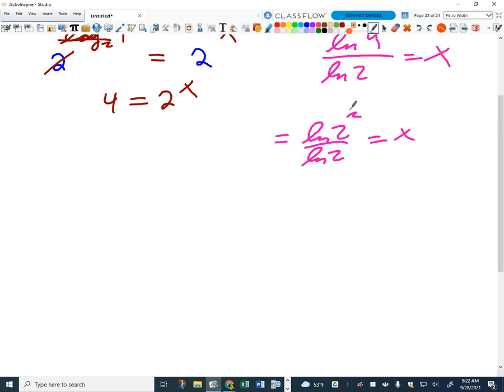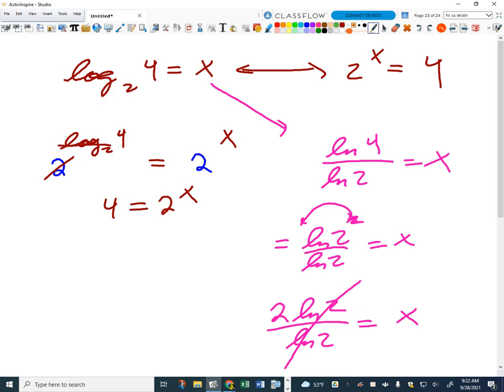By my properties of exponentials, I could pull the 2 out front and get 2 log 2 over log 2 equals x. Well, the logs cancel, and now I get x equals 2. There's like a jillion ways to do that one. I would either do it this way or just this way. To me, that seems like the most straightforward and easy way. Either way, though, what do you get? Well, you get 2, don't you?